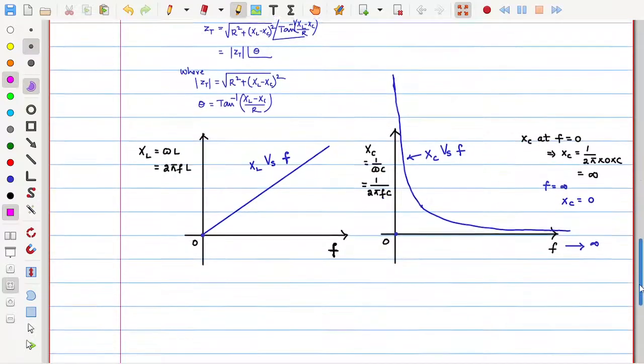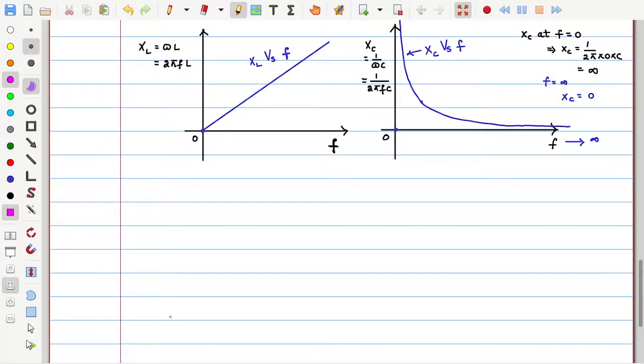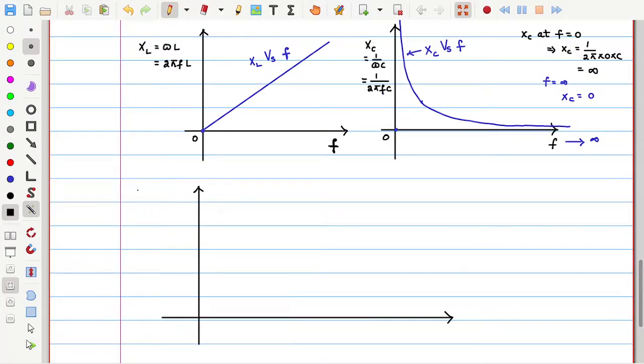Now when I try to take this information together, the total reactance X is equal to XL minus Xc, which is equal to omega L minus 1 by omega C. Now just for the sake of this, I will put the XL and this in terms of green color as dotted lines.